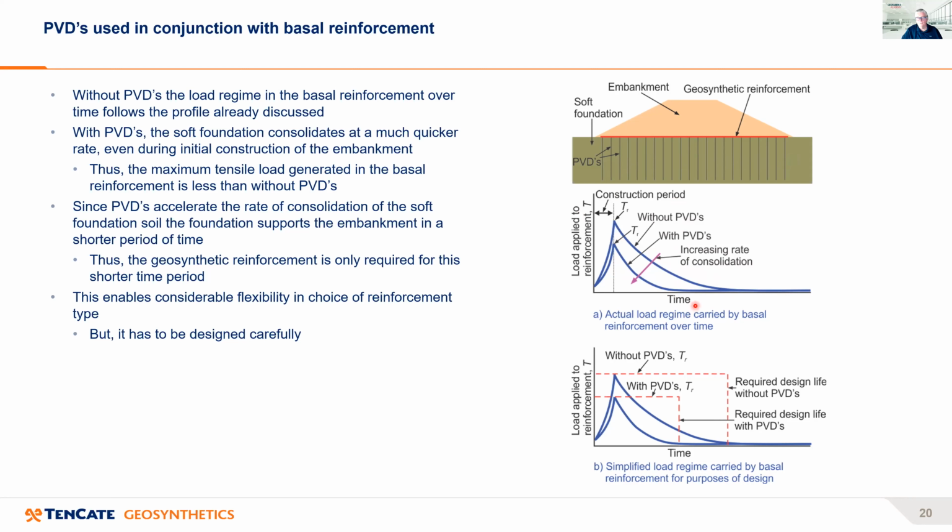And again, as I've said already, this consolidation time may be anything from 6 months to 2 years, depending on how we've designed the wick drain layout. Now, coming to design the reinforcement, we take the same approach as if no wick drains were being used, but the design life is less, and the load in the reinforcement is less than if we have no wick drains.